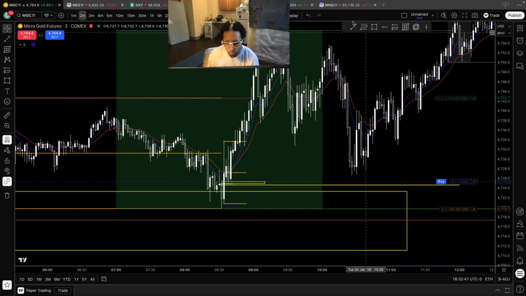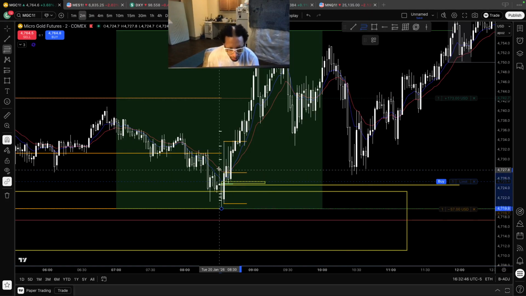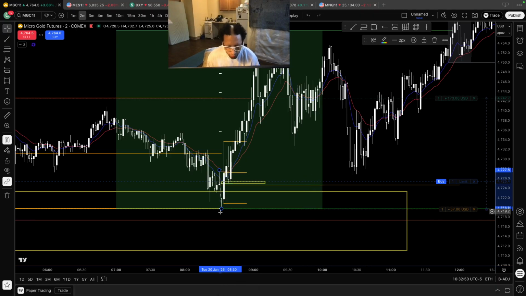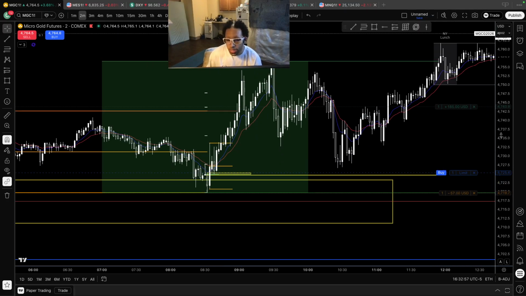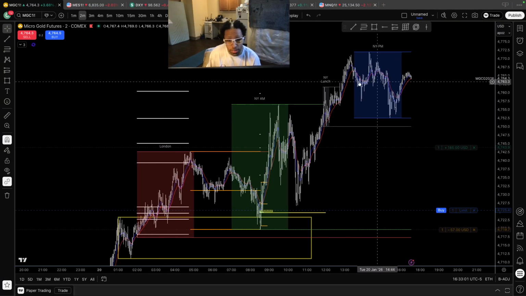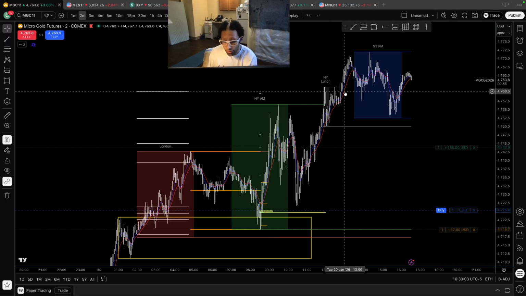And I could have used my Justin Weirland fib for projections. So from this low up to this high, and I could have even held a little bit more and would have been fine. But since we were at an all-time high, and this is the highest it's been, I don't really know how much further it could go.